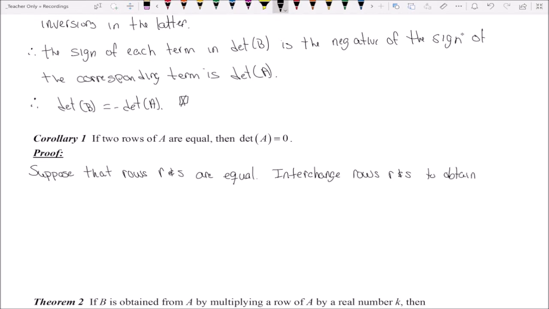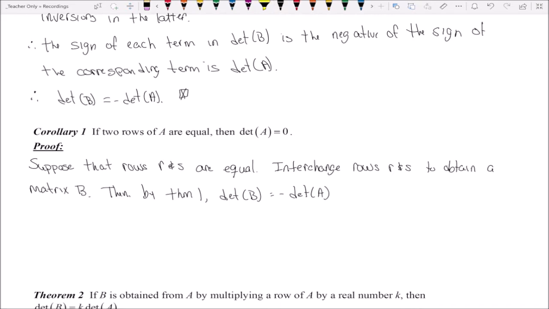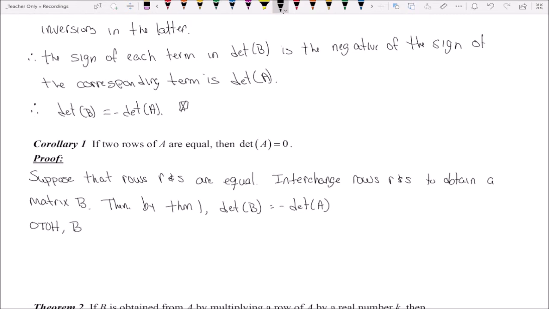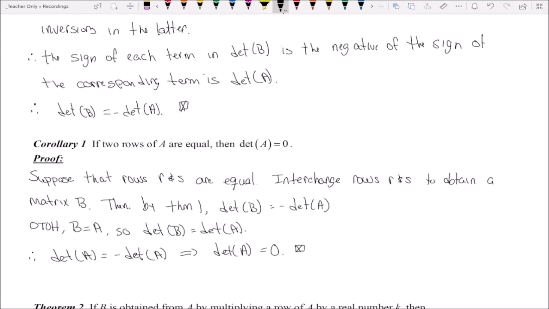This gives us a matrix B. Then, by Theorem 1, which we just proved, the determinant of B has to equal negative determinant of A. On the other hand, the matrix B is equal to the matrix A, right? Because rows R and S are the same. So interchanging those two rows will not change the actual matrix. So since it's the same matrix, the determinant of B is equal to the determinant of A. This means that the determinant of A is equal to the negative determinant of A. And the only way this is possible is if the determinant of A is equal to 0.